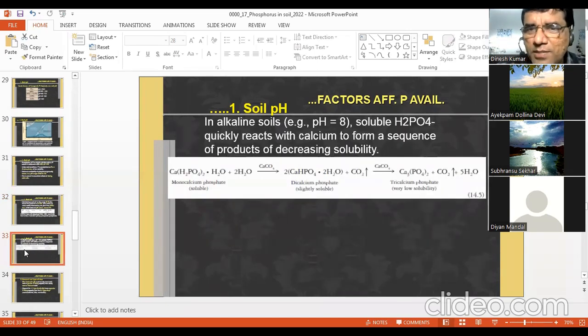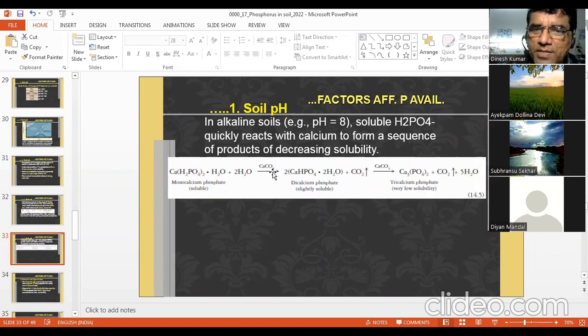In alkaline soils, pH 8, soluble H2PO4 quickly reacts with calcium to form a sequence of products of decreasing solubility. So you can see here monocalcium phosphate, Ca(H2PO4)2·H2O.